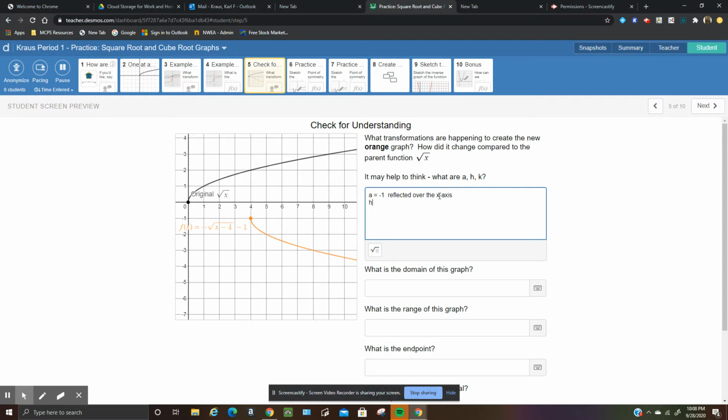And then h equals 4. So it translates right 4 units. And k is -1.